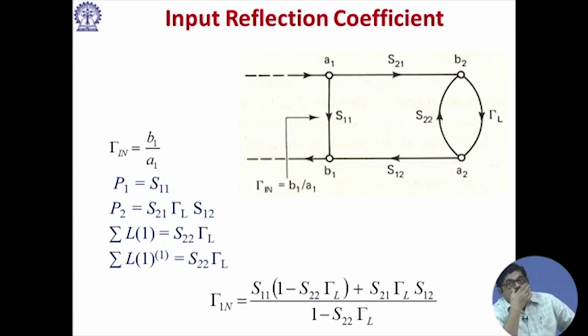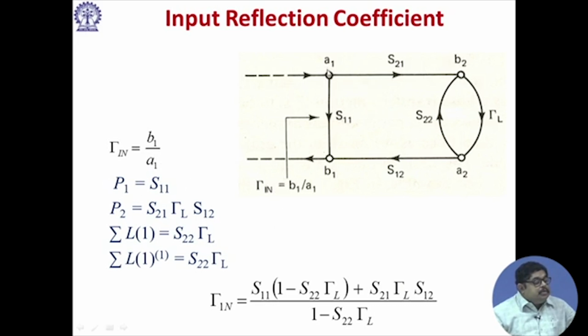Now, let us come to our next point: suppose I want to find the input reflection coefficient of a loaded circuit. This part is the S parameter part up to this. Now, there is a load, so there is a load reflection coefficient. Now, from here, what will be the value? What is my P1?